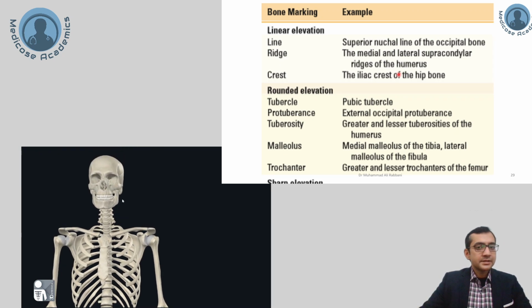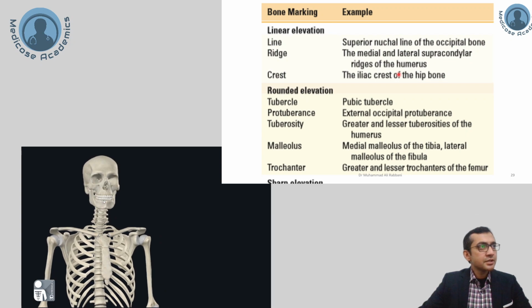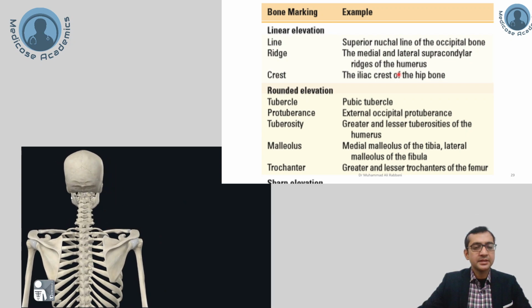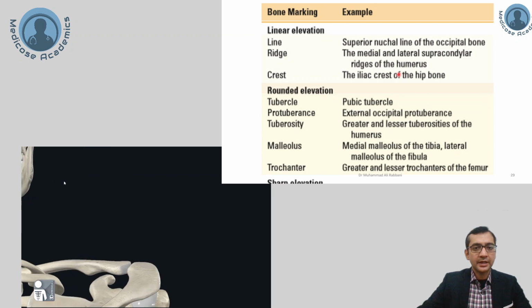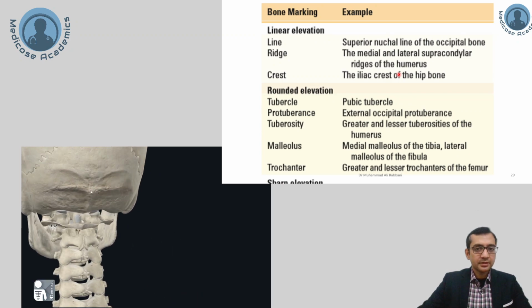Elevations, any lines, a little elevation. These are lines that are present. These are elevations in the form of lines, simply known as lines. Like these are nuchal lines. This is the superior nuchal line. My mouse cursor will be available on the Complete Anatomy model. These are the lines.